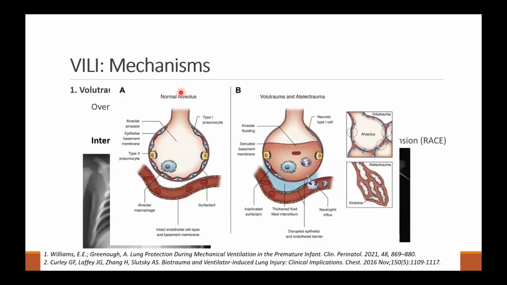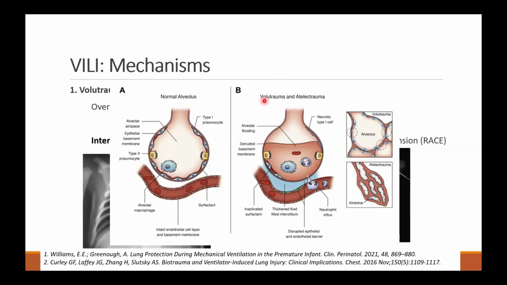So if we see here, we have a normal alveolus where there is an alveolar capillary membrane and interstitium. This alveolus has an air space. There are type 1 and type 2 pneumocytes, and then there are alveolar macrophages and the intact endothelial cell layer, basement membrane, and epithelial basement membrane.